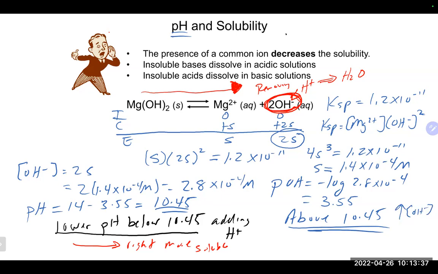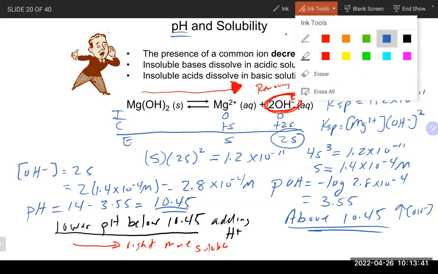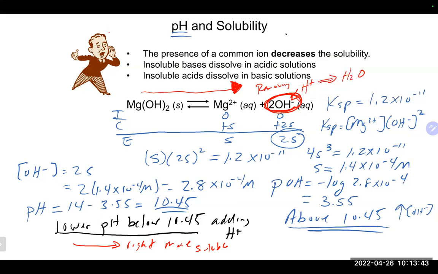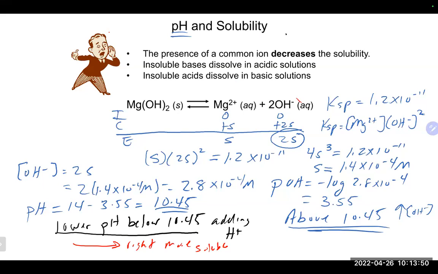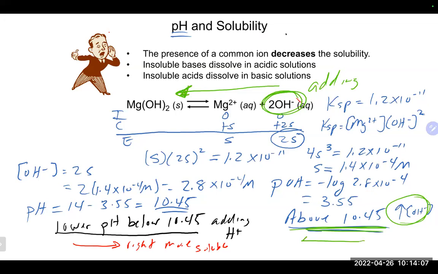So now in this situation, if I decide to take the pH above that threshold of 10.45, what is going to happen is I am now going to be adding this guy. So adding. And based on Le Chatelier's principle, if I add more hydroxide, I should see the equilibrium shift away from it. So it should shift to the left here.